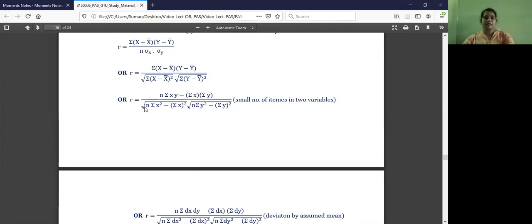The second formula is r is equal to n, the number of terms, into summation xy, that means the column of x and column of y. First we multiply x and y, and after that sum the values of x into y, minus summation x into summation y.